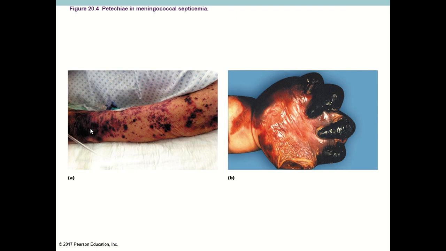So the death of cells, which you're looking at here. Black tissue usually means that the tissue is necrotic. So this toxin is basically killing the tissue there in this baby, in this person. Again, these are petechiae, which are manifested in patients with septicemia.